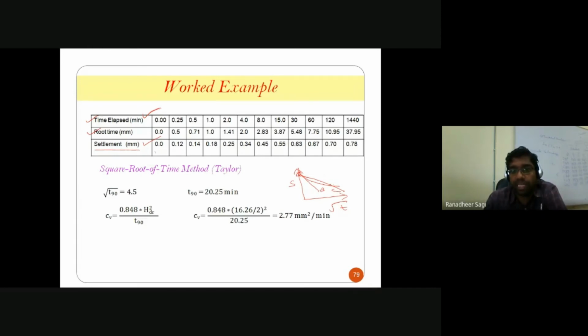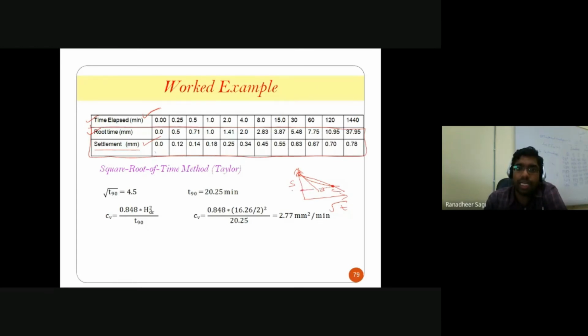Wherever your AC line intersects your settlement versus square root time curve, which you have plotted with the data, for a particular load increment, I extend that point onto my vertical axis.